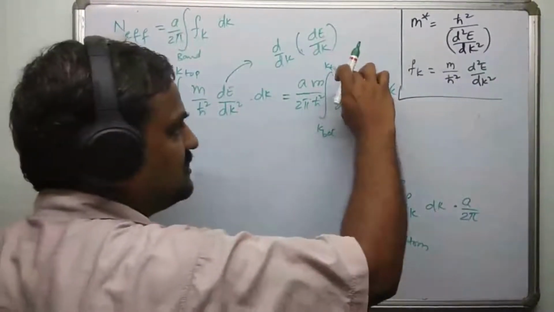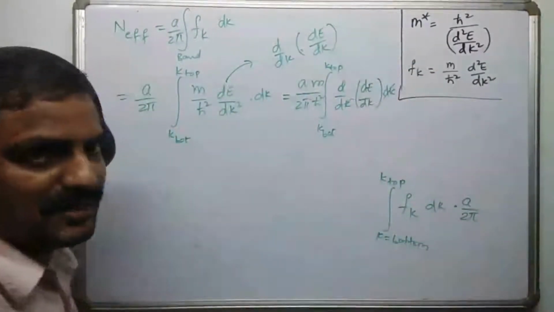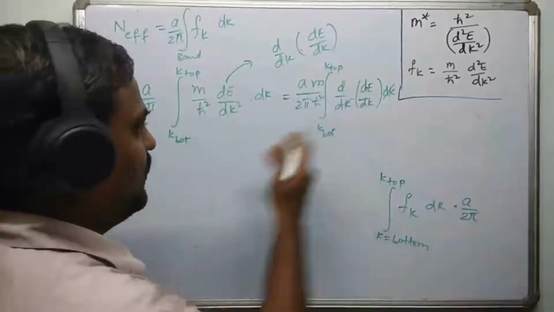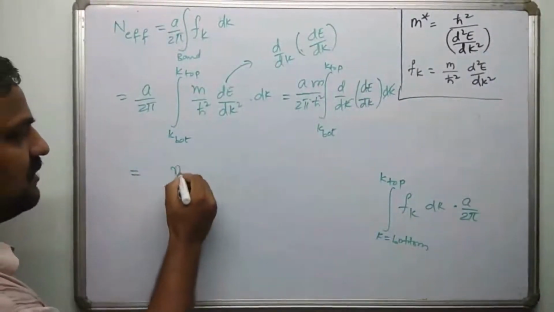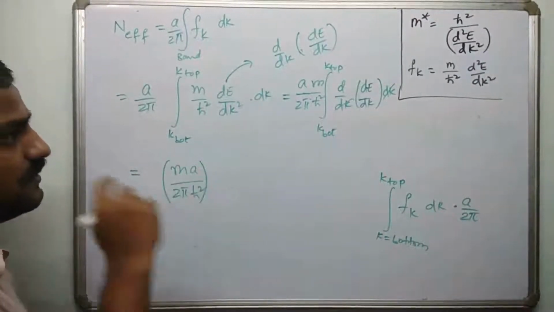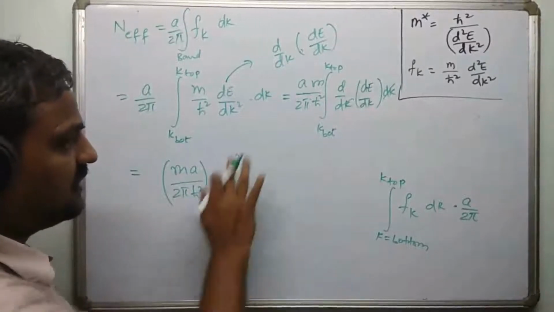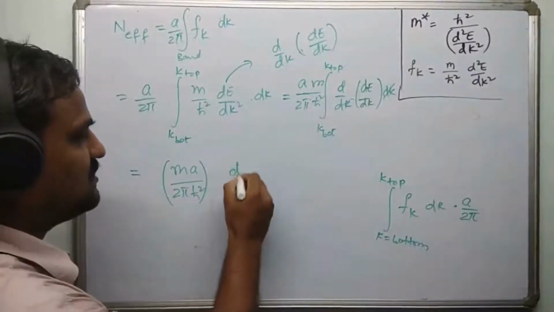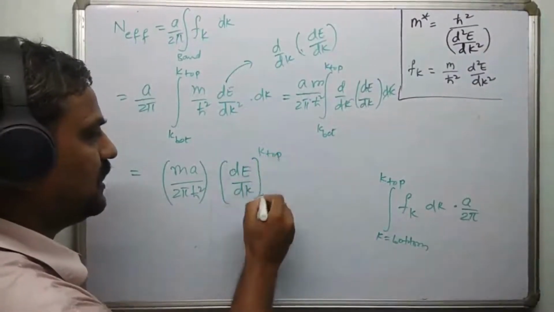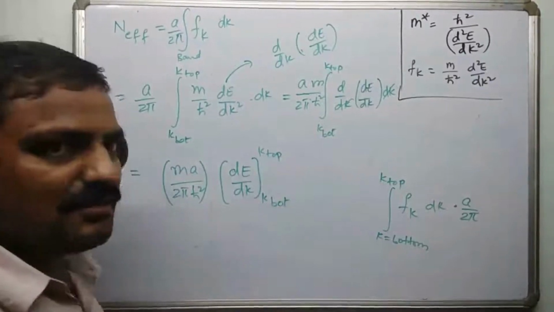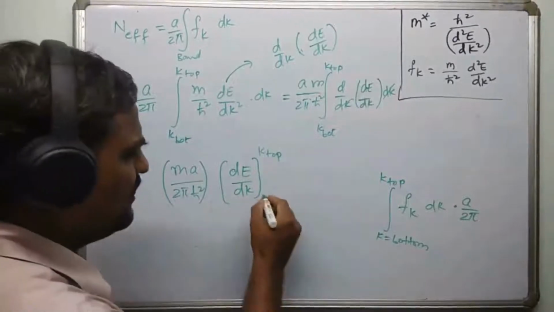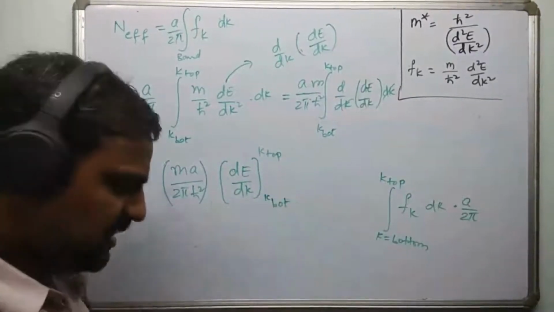So can't you cancel out this d by dk and the integral, right? As differentiation and integration are complementary to each other, I can write this expression totally as m a by 2 pi h cross square, with the integration gone now, times dE by dk with k top and k bottom. Usually k bottom of the band, if you take as 0, in that case you can put simply 0 here, or you can leave it as k bottom also if you are dealing with different cases.